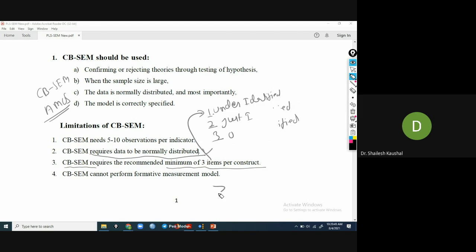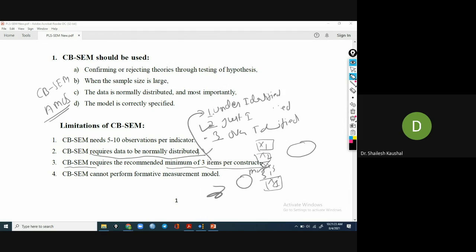So the CBSEM can be performed only with just-identified and over-identified models. Over-identified means when the construct has more than three items. For example, if this construct has four variables: x1, x2, x3, x4.